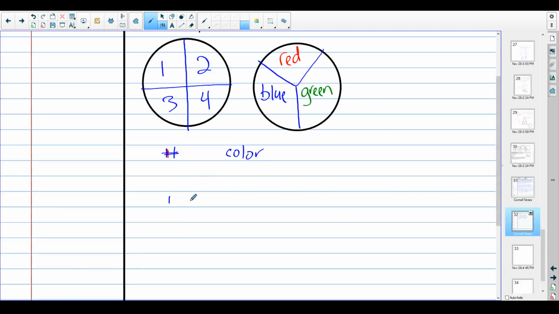Or actually, let's do this one at a time so we make sure we have enough space here. So if we landed on 1 on the spinner, what color could we get? So we could get 1 and red, or 1 and blue, or 1 and green.